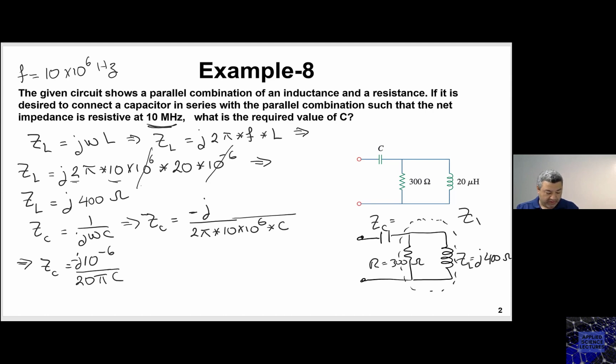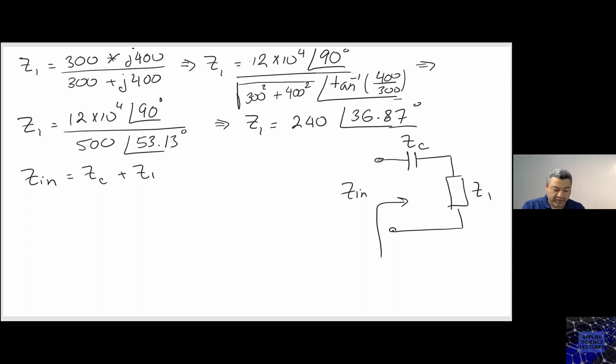I missed the pi, you're right. J400 pi ohm. We have the pi here. Okay.